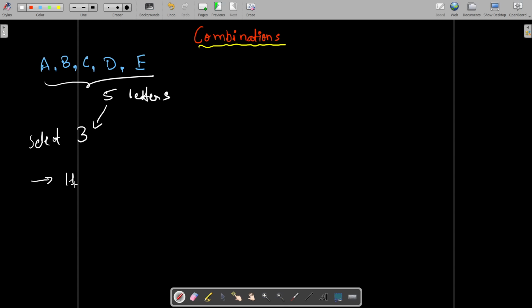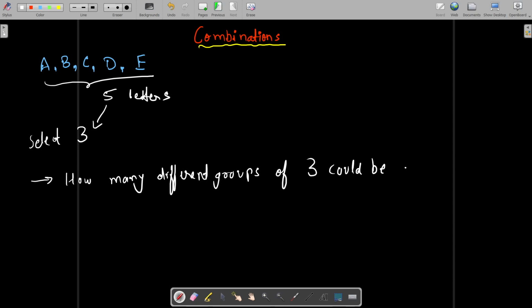How many different groups of three could be formed or could be selected from five items? And those five items are A, B, C, D, and E.